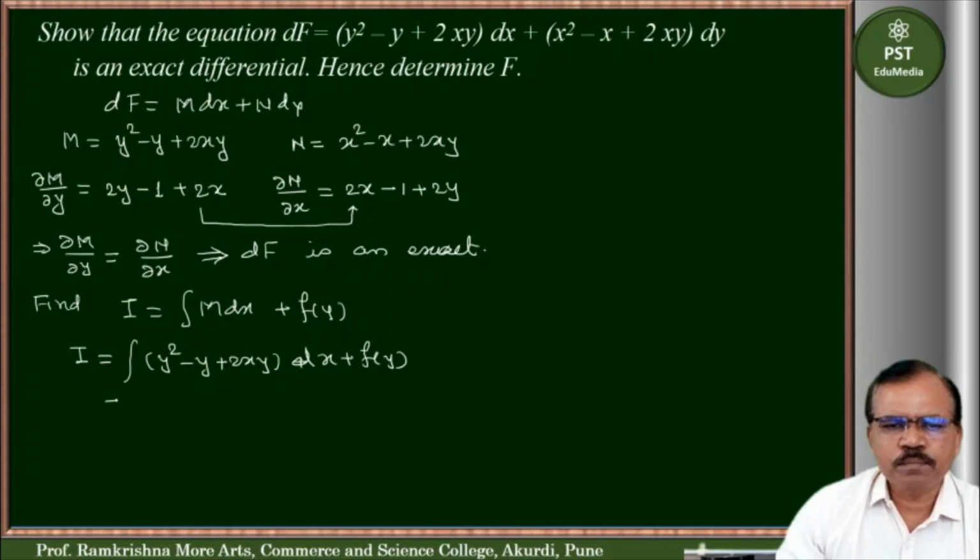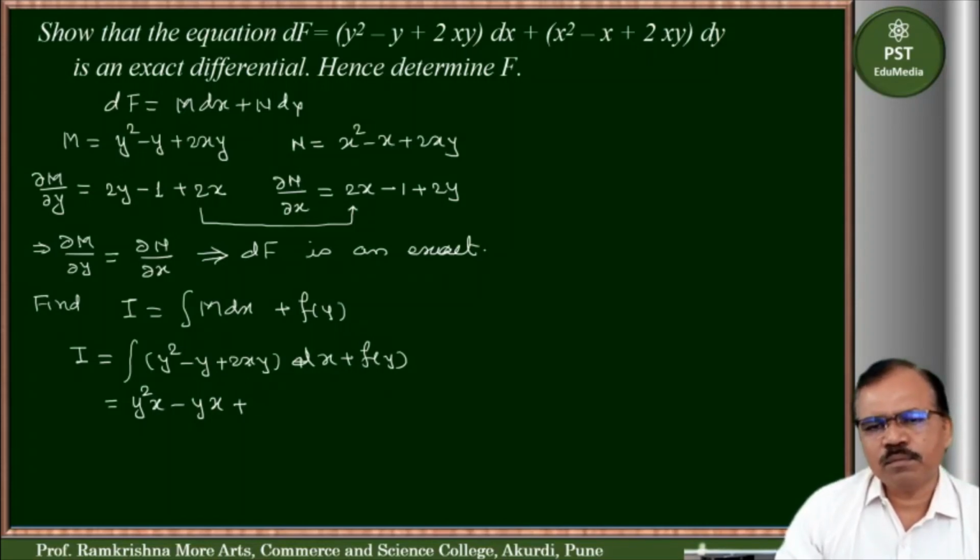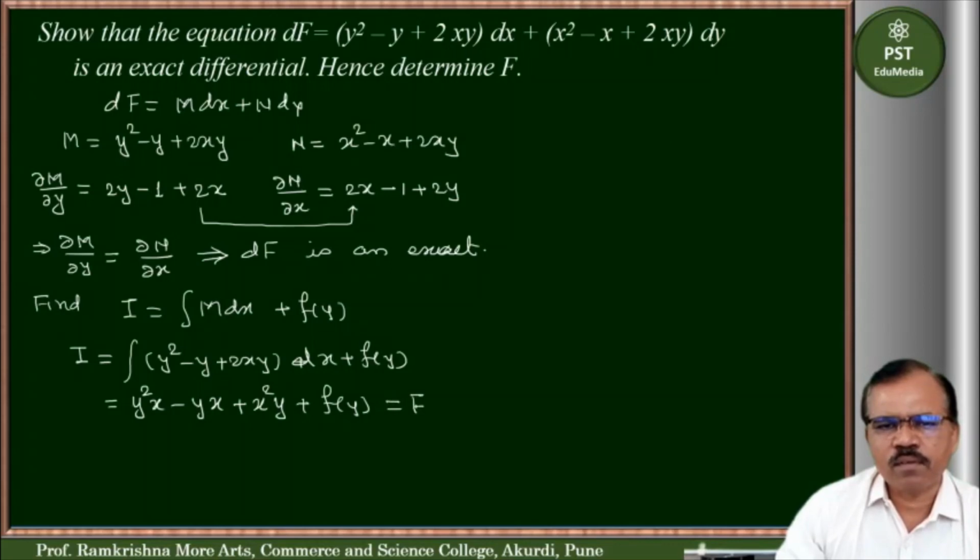If we find the integration, we will get y square x minus yx plus 2y times integration of x dx, which is x square by 2. The 2 will get cancelled. So we will get x square y plus f of y. And I will call this f.